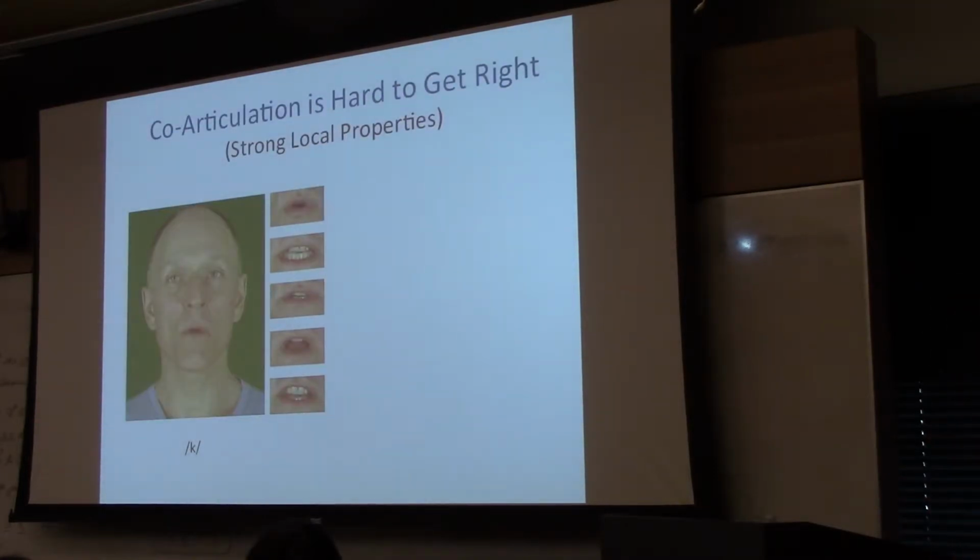And just to visualize this, since it's a very visual problem, here is the strong local curvature property in action. Here is the phoneme k, and here are all the different ways Ken says k surrounded by different syllables.